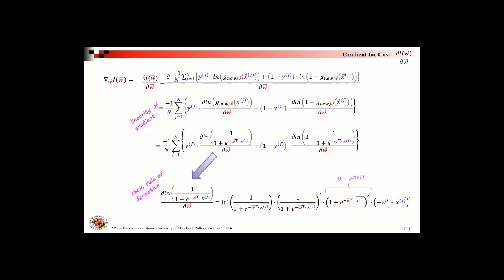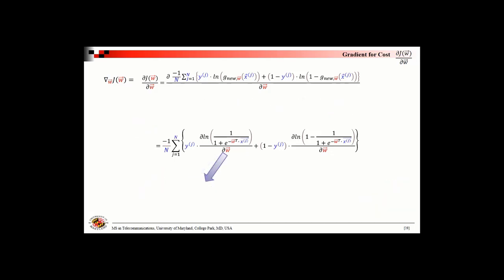In this case, the denominator is 1 plus e to the something. So the derivative of that is 0, because 1 is a constant, plus e to whatever that stuff is. And finally, the chain rule tells us to take the derivative of that exponent of e. With that, we're going to have that partial derivative. I know it looks long and unfriendly, but I promise you, a lot of stuff cancels out.